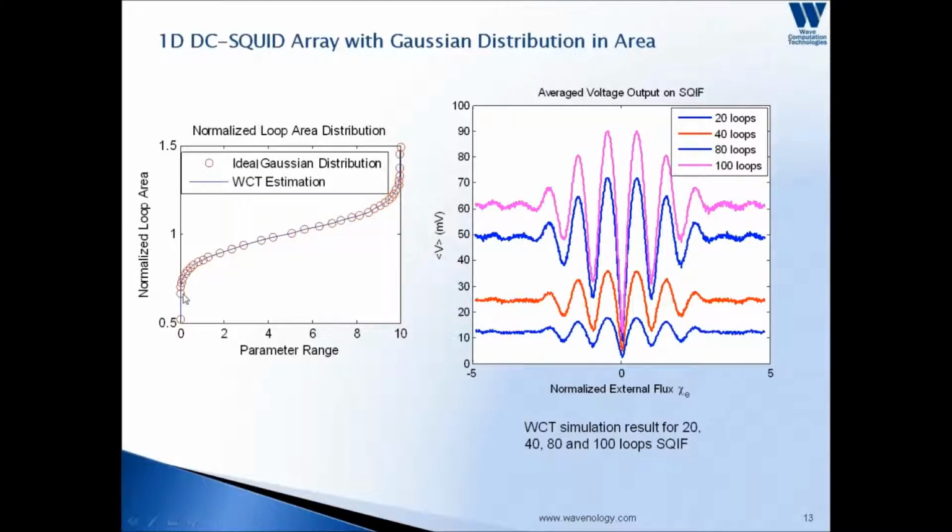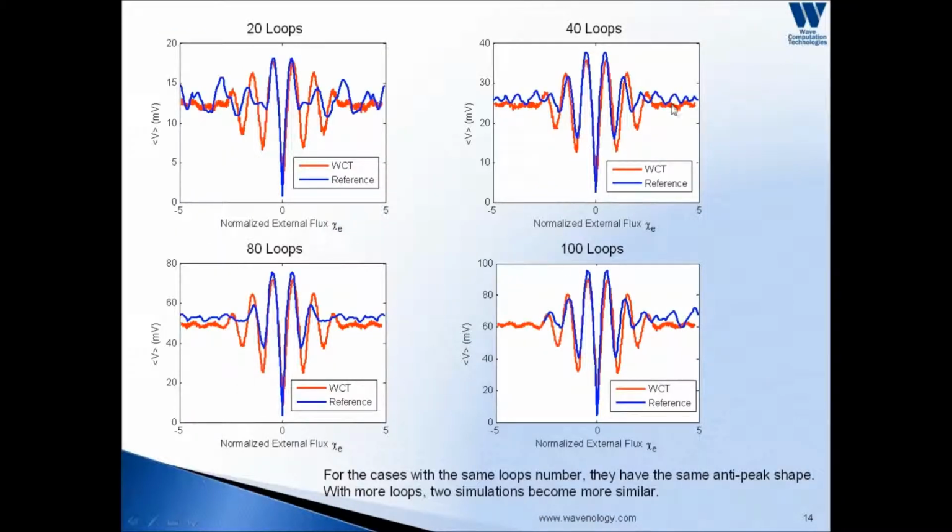That means your loop size cannot perfectly match this curve. The reason for this mismatch is that we cannot repeat the identical random factor, so we just generate another random factor. That's why you see the major part is matching, but the lower part, due to the random effect, is not quite matched.